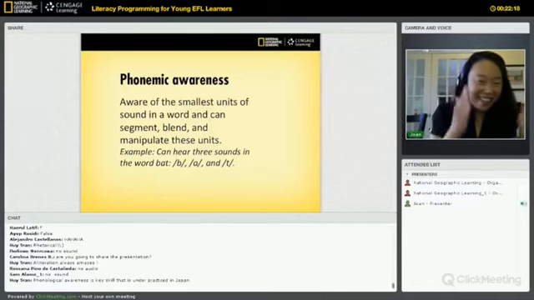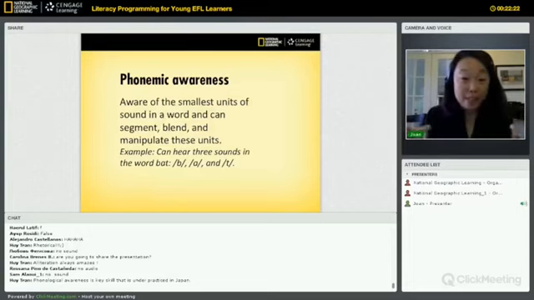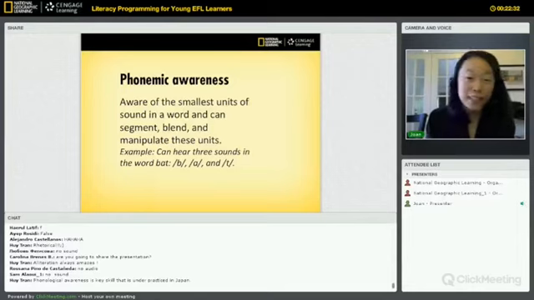You recognize these 3 sounds make up the word bat. So you can see how this is the first set of building blocks to be able to read, because you are understanding the sounds of the language, in this case, the sounds of English.